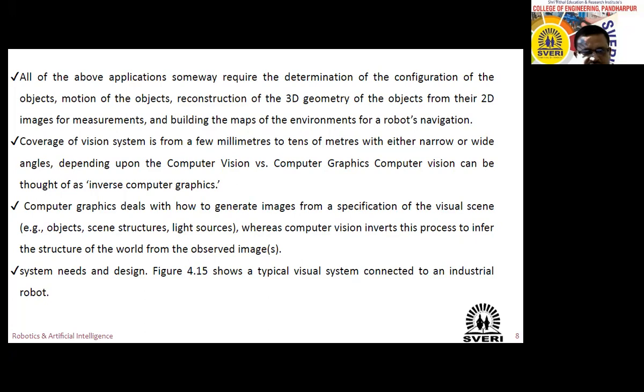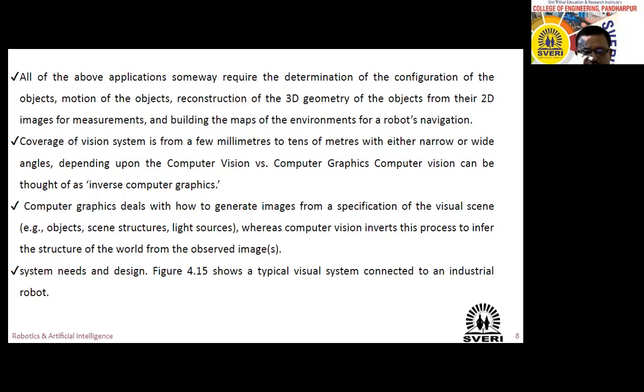Coverage of a vision system is from a few millimeters to tens of meters, with either narrow or wide angles, depending upon the application.